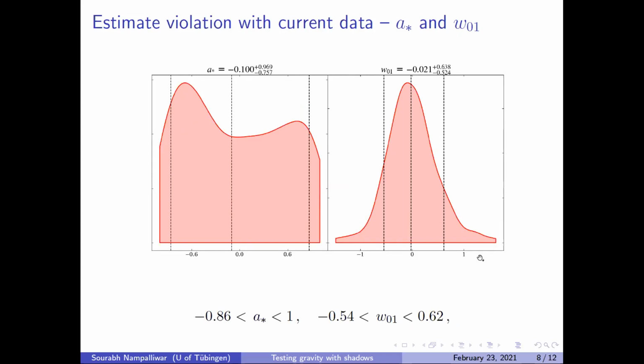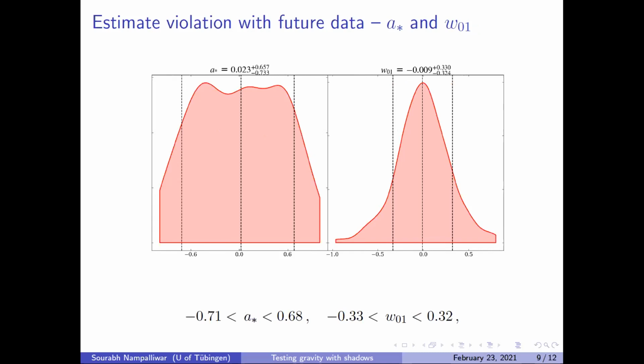So with current data, the bounds on W01 are something like minus 0.5 to 0.6. And with future data, the bounds improve again quite significantly, and we have the W01 bound of plus or minus 0.3. Now, how do these numbers compare with what has been measured with other techniques?